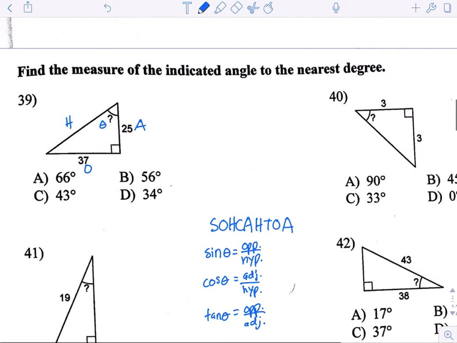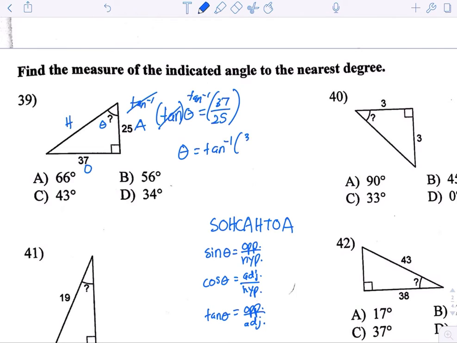Since there's information at O and A, that means we're going to be using tangent. So tan theta is equal to 37 over 25. Now remember, to solve for theta, we need to get rid of the tangent part. So we have to take the tan inverse of both sides. So these cancel, so theta is equal to tan inverse of 37 over 25.